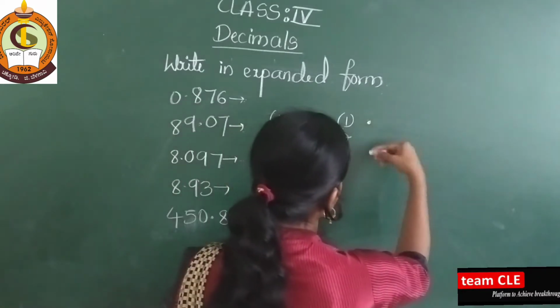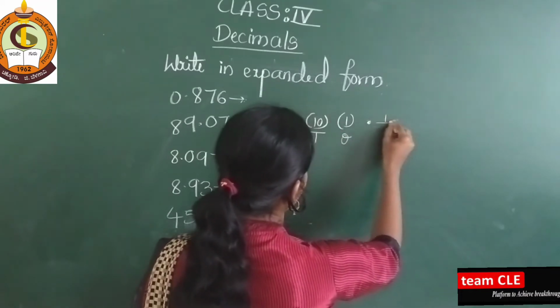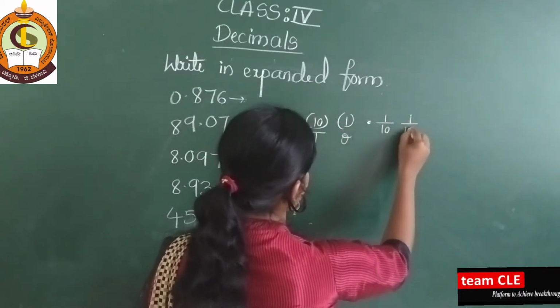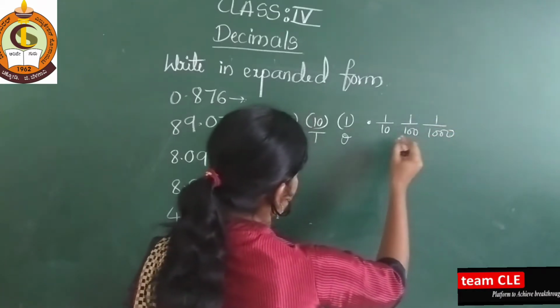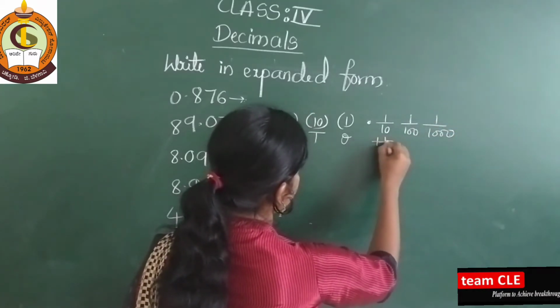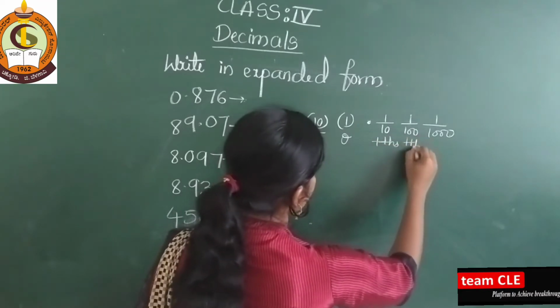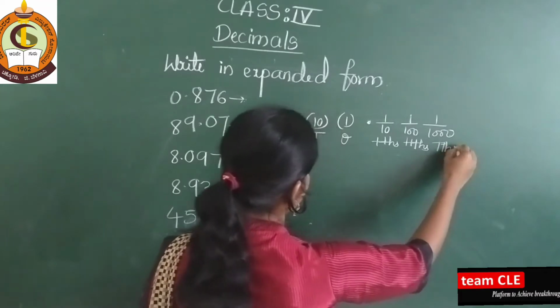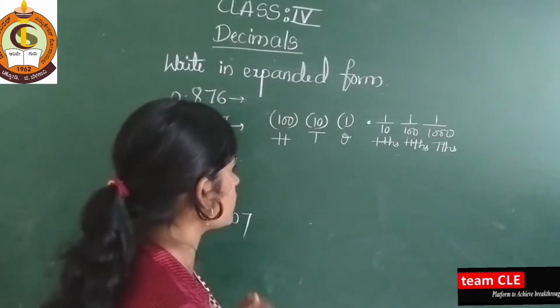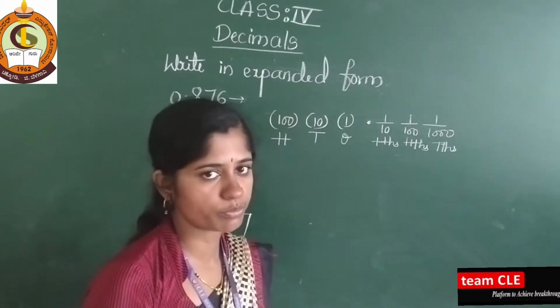And after the decimal point we have 1/10, 1/100, 1/1000, written as tenths, hundredths, thousandths. This is how we write the place value chart of the number.